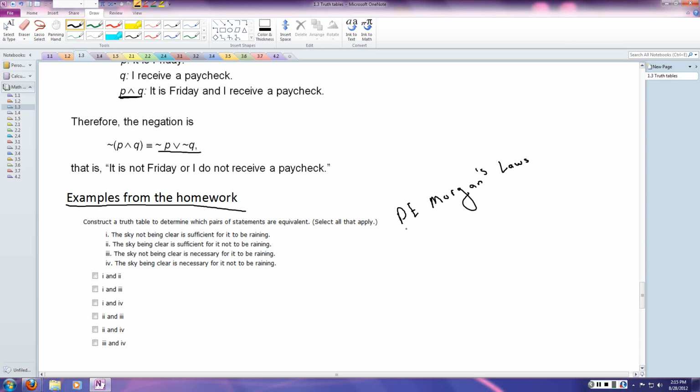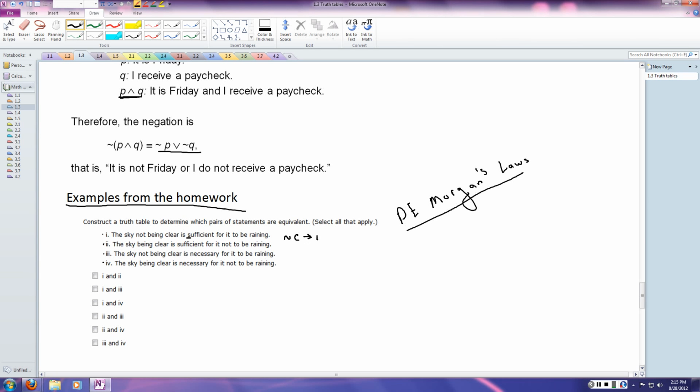So let's look at, sorry, my pen is really touchy on me. Let's look at writing each one of these statements, 1, 2, 3, 4, in symbolic form. Sufficient tells me I keep the same order. So the sky not being clear, let's say not clear, is sufficient for it to be raining.